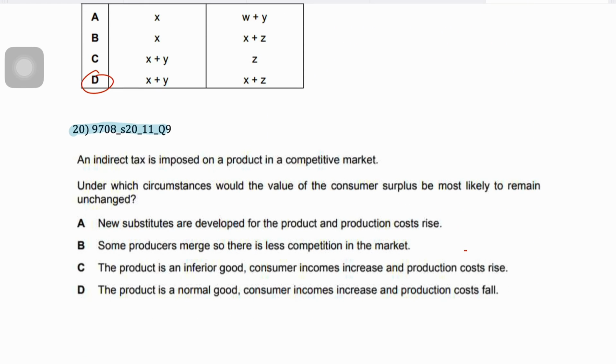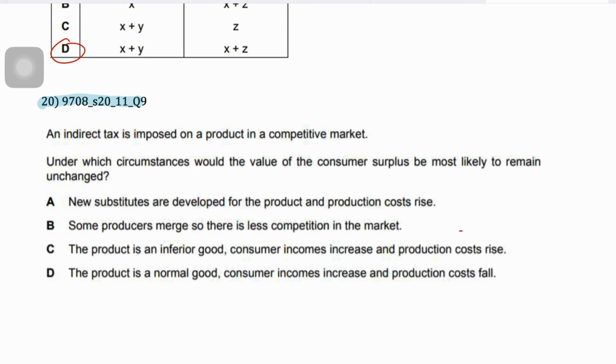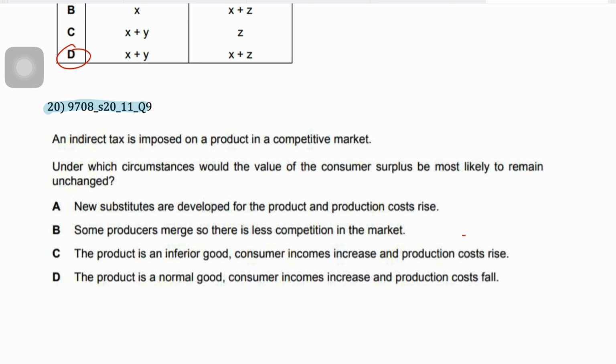Question 20 says an indirect tax is imposed on a product in a competitive market. Under which circumstances would the value of consumer surplus be the most likely to remain unchanged? So basically when your indirect tax is imposed, obviously your consumer surplus has to go down, right?